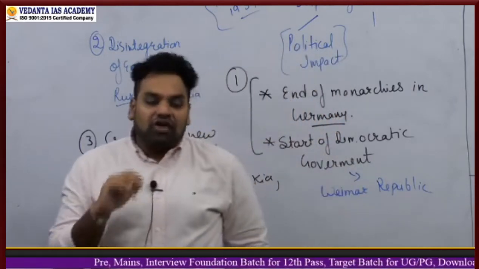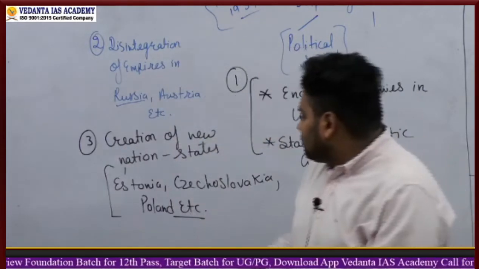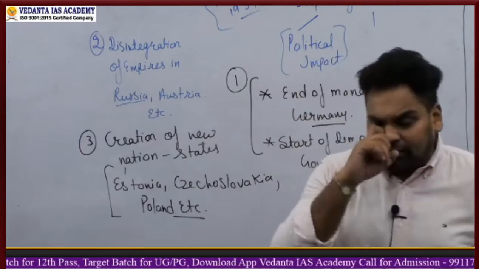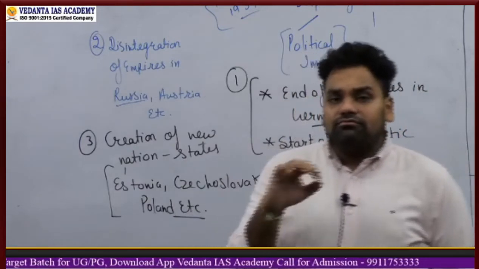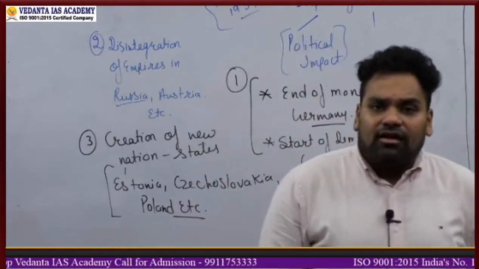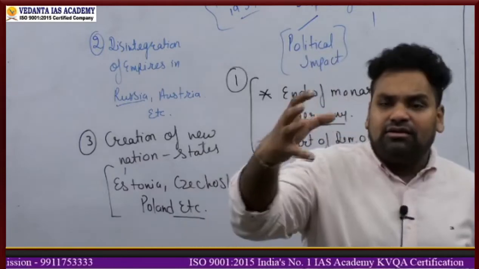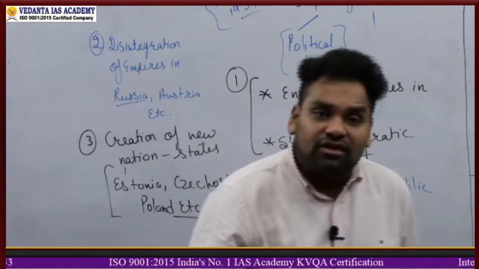But for now, for understanding the concept, what we need to understand is, if you remember, I told you that the Paris Peace Conference, especially the Treaty of Versailles, was a dictated peace, right? It was being imposed on Germany.